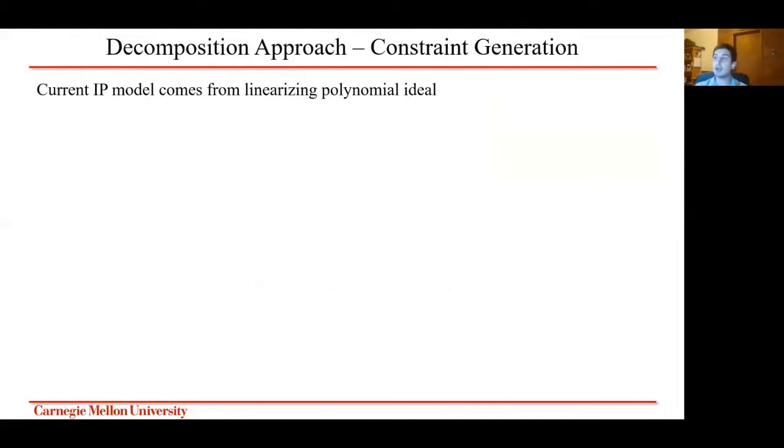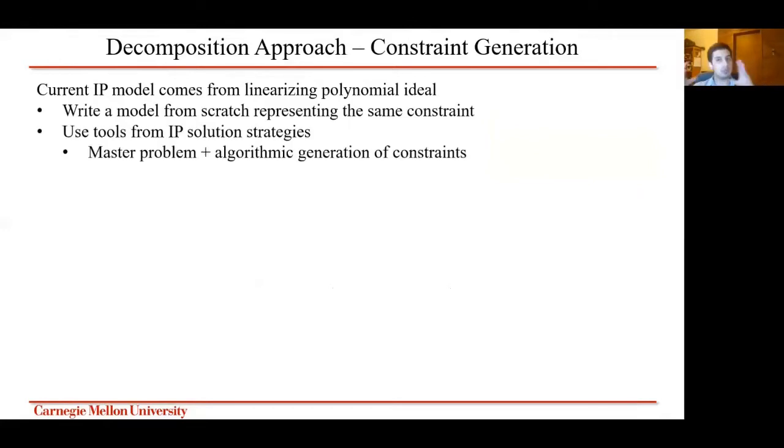So the current integer programming model that I just showed comes from the linearization of that polynomial ideal from the computational algebraic model. So we also wanted to address this problem from a new stance. And what we wanted to do in this case was using a master problem and an algorithmic generation of the constraints.